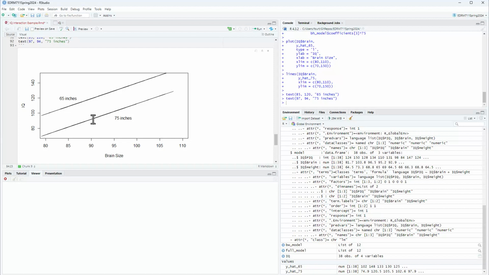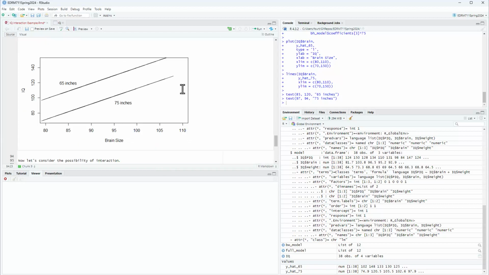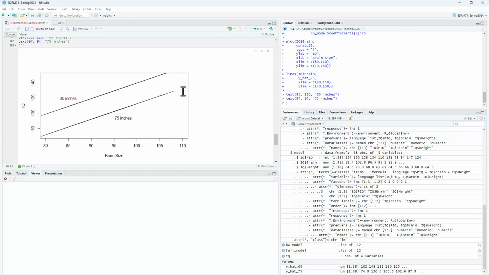But holding the brain size constant, then we would have higher IQ for the 65 inches than the 75. All right, so I'm going to continue looking at this in the next video. What we have left to do is to look at a possible interaction, and we've not entered that yet, so we will do that in the next video.